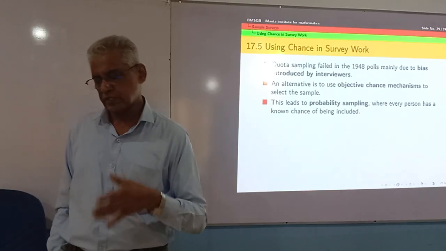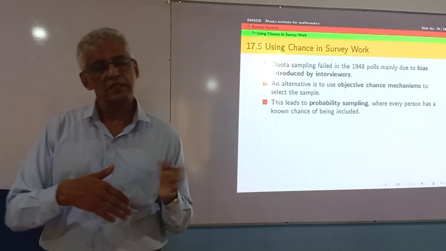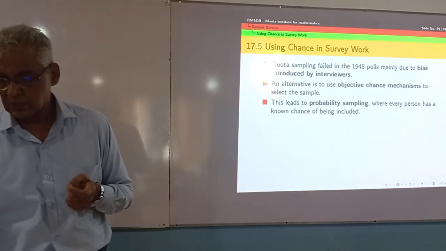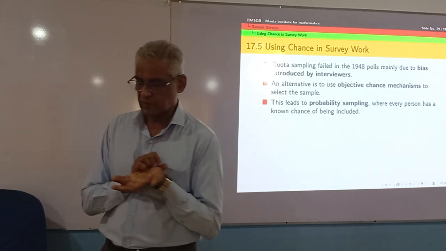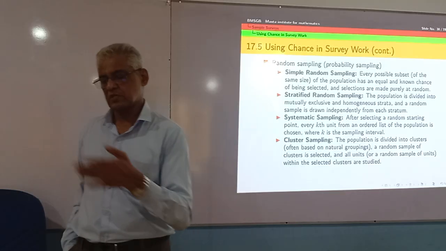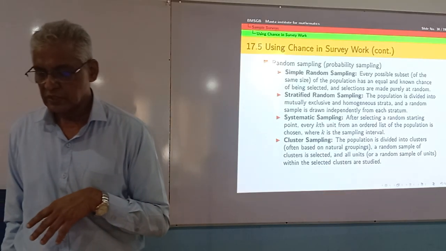If you can do that, then your results are more valid or more reliable than the results obtained from non-random sampling methods. These random sampling methods are called probability sampling methods. I have just mentioned, these are not in the books, but I just added them.